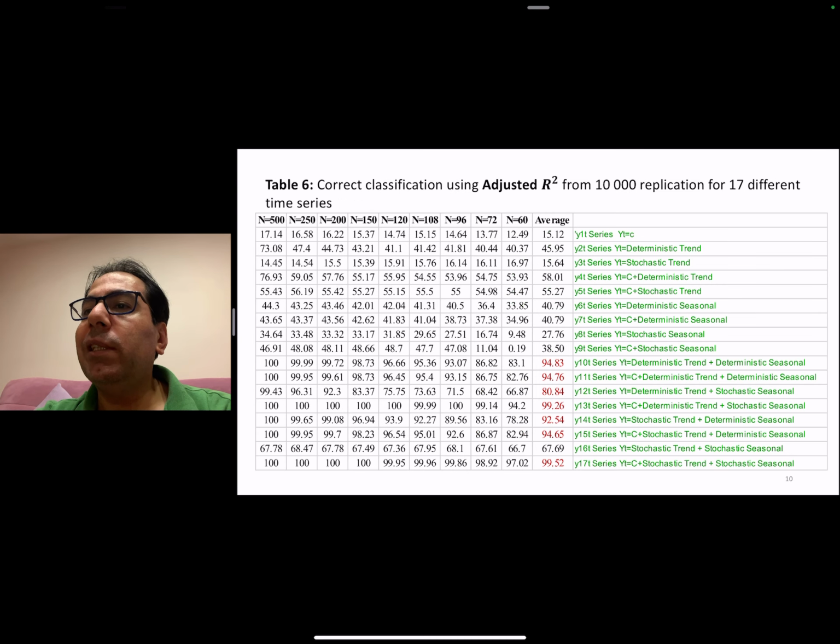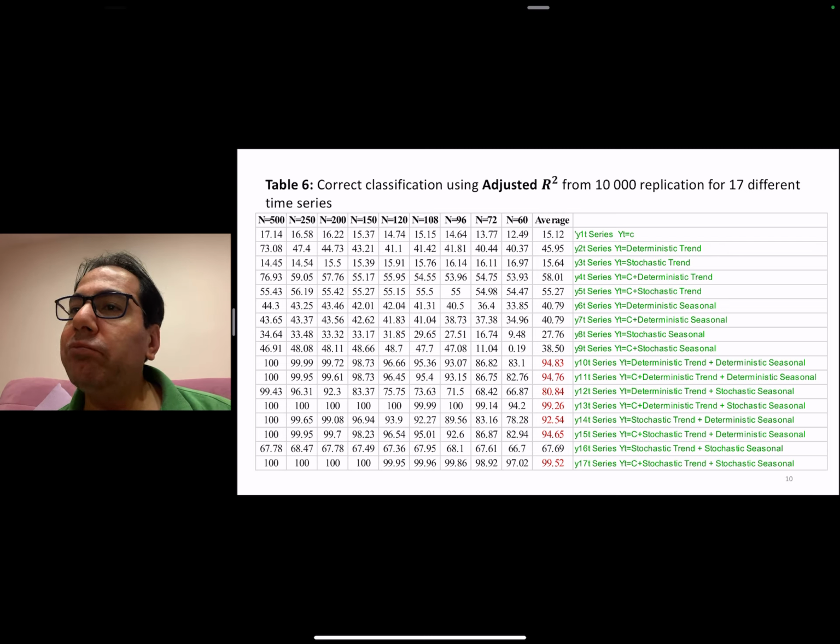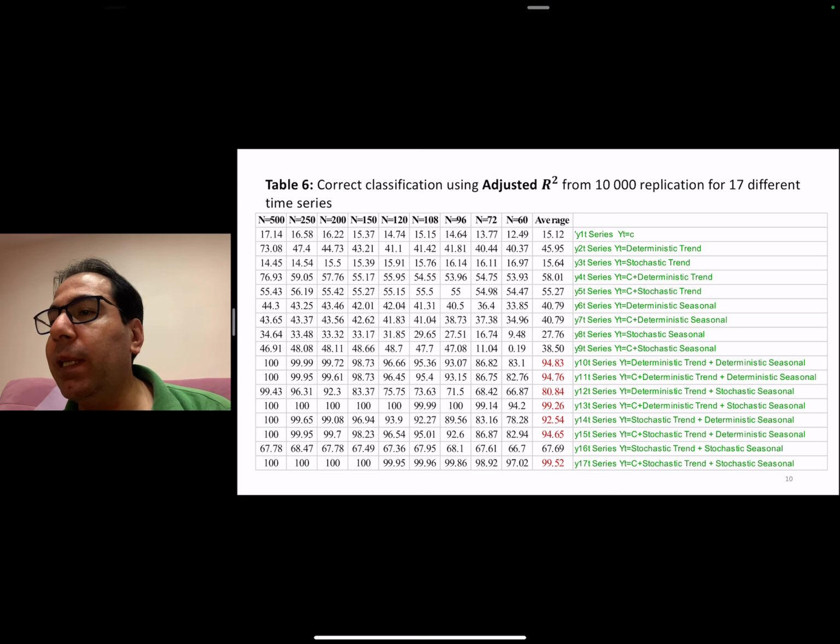Okay, the next one is the adjusted R square. The adjusted R square is used in regression analysis. It is a good information criterion for linear regression analysis. In time series analysis it is also not bad, especially when you have many terms in the model.